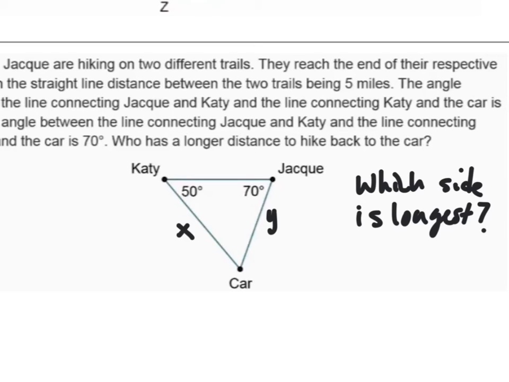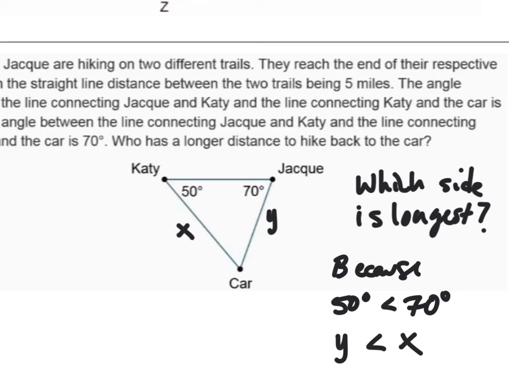So listen to this: because 50 degrees is less than 70 degrees, I know that Y is going to be less than X. So this side is going to be longer because 70 degrees is bigger, and this one is going to be shorter because 50 degrees is smaller.